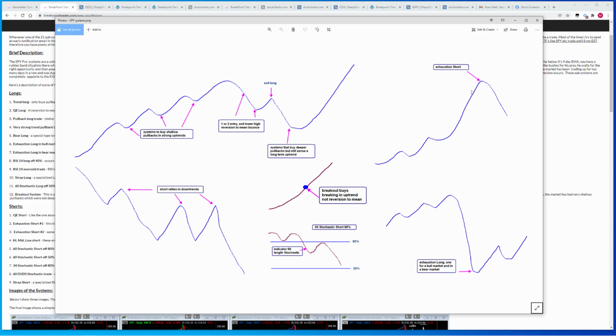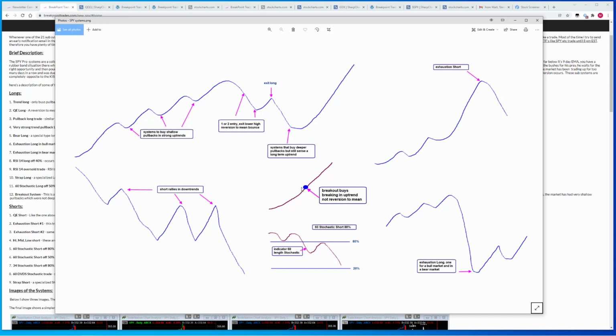I also have systems that look to buy exhaustion conditions, where the market has sold off too far, too fast. I have two versions, one that does this in bull markets and one in bear markets. One's called the bull exhaustion, and one's called the bear exhaustion, which you typically only see in deep bear markets like 2008, when you're way below the 200-day moving average. Obviously, a bear market long would not trigger in these market conditions.